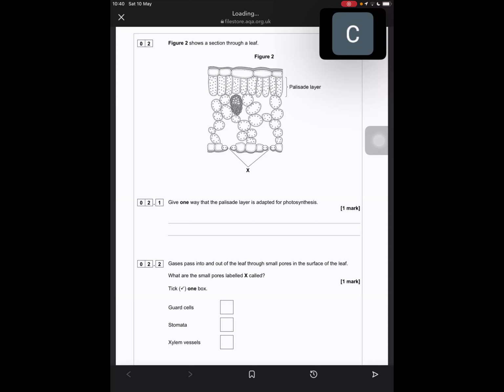They look more like cylinders, not like the regular spherical shape that other cells have. And they contain chloroplasts that help to convert the light energy to chemical energy for photosynthesis. That would be how they are well adapted for photosynthesis.